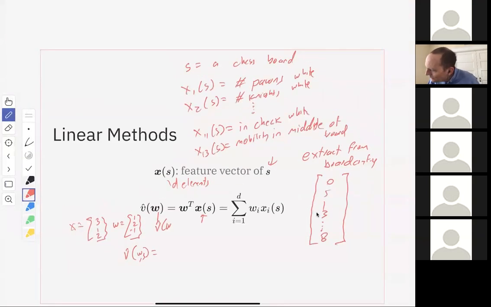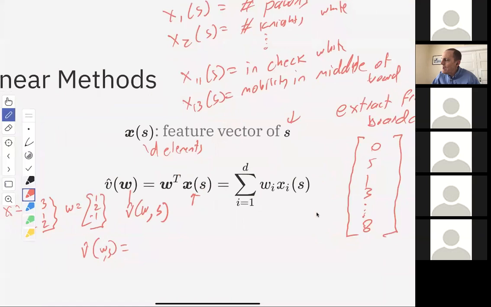In this case, we extract with X the features from S and then multiply by W. So this would equal 1, 2, -1 times 3, 1, 2. And that would equal 1 times 3 plus 2 times 1 plus -1 times 2. So that would equal 3. And so that would be our approximation for whatever our state S is that ends up with the feature vector 3, 1, 2.